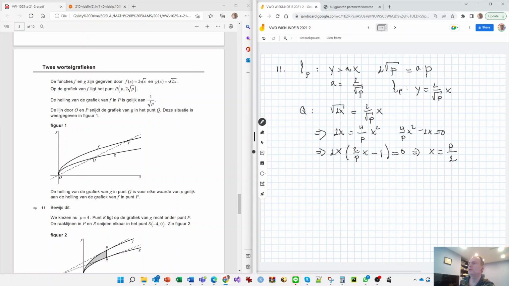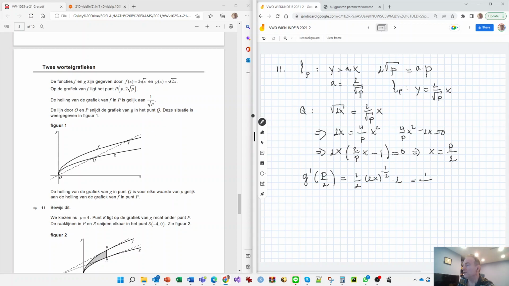We might have to check what happens there in a little bit more detail. So that is the x coordinate of Q. So let's see what the derivative is of function g. Well, g prime at p over 2: use the chain rule, 1/2 times (2x) to the power minus 1/2, but times the 2 again, picked up by the chain rule, the derivative of 2x.